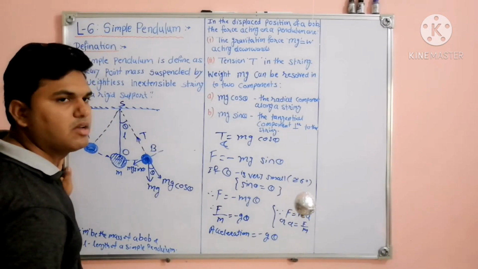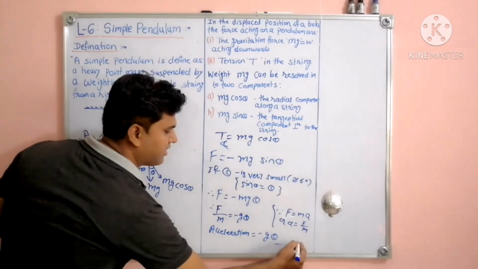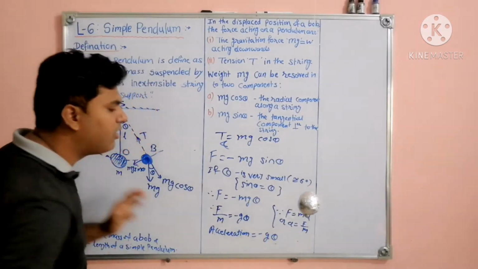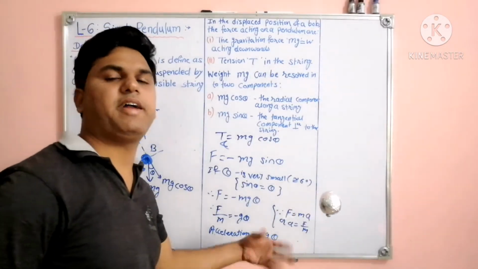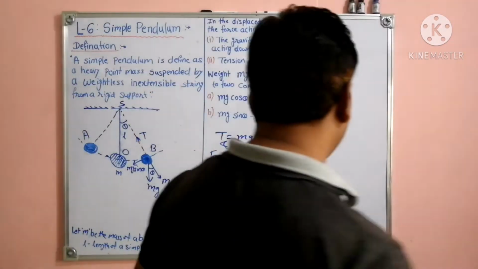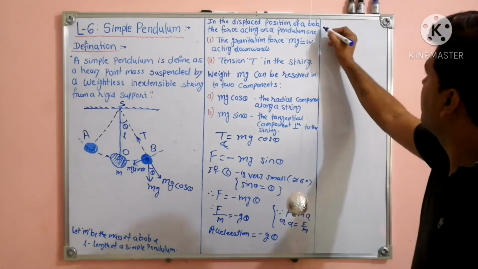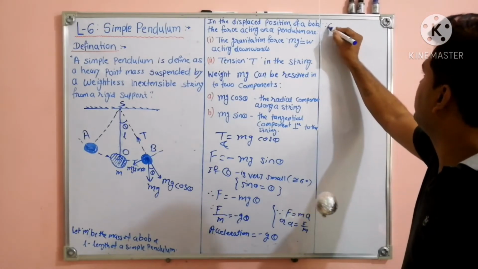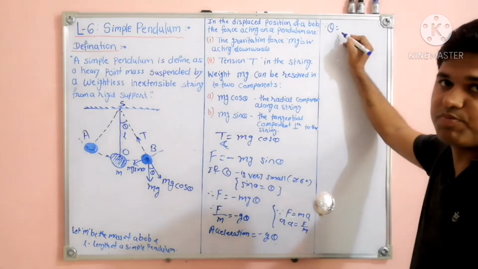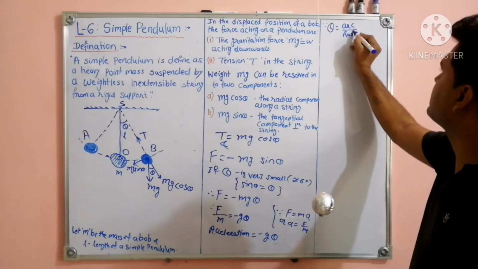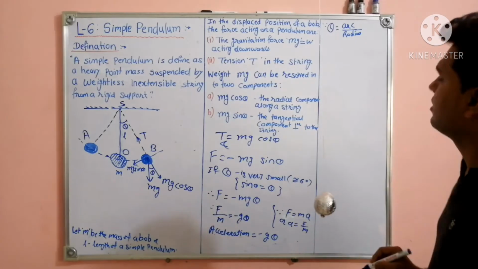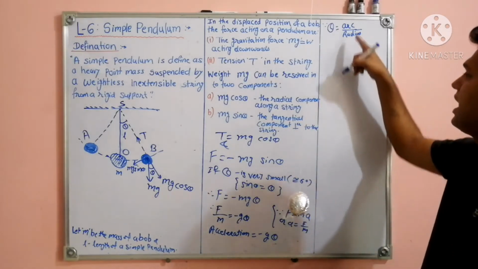Okay, now this theta is an angular displacement. We can convert this angular displacement into linear displacement. See here, we know that theta is equal to arc upon radius.